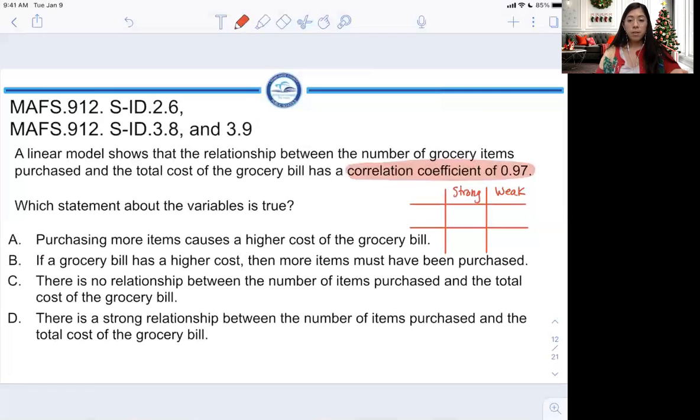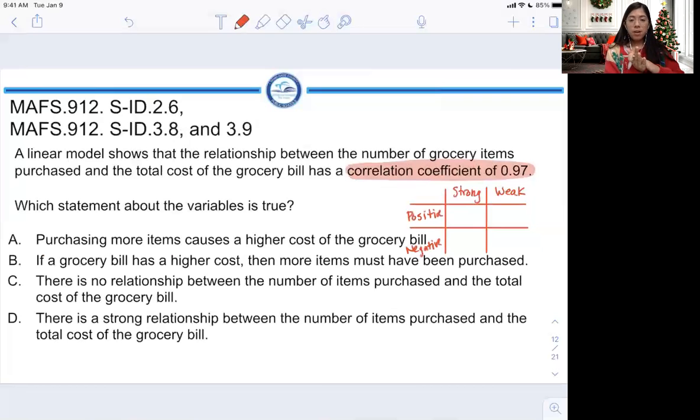So we already know we can either be strong or weak, and you can either be positive or negative, right? The correlation coefficient is a number that tells you how strong something is, how weak something is, how positive or how negative, okay?